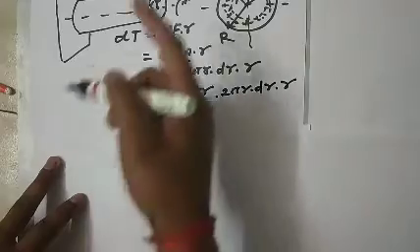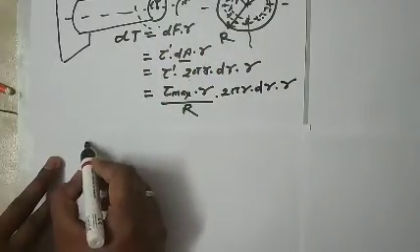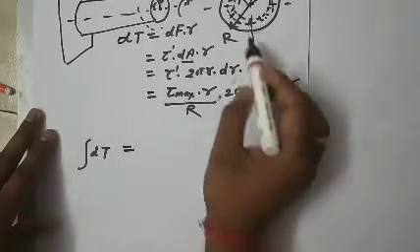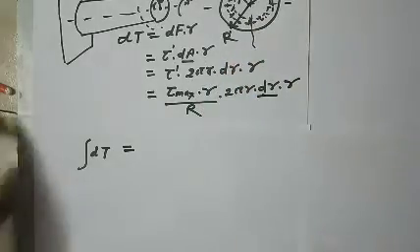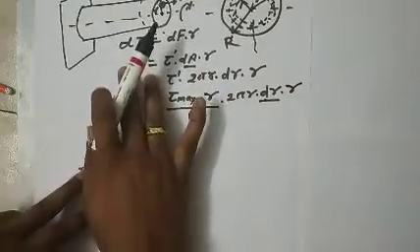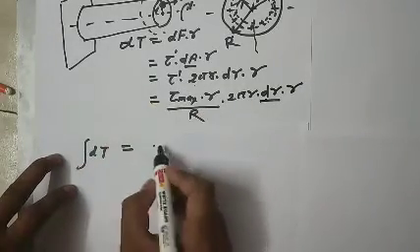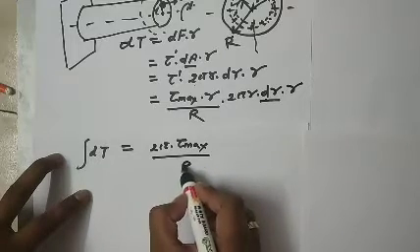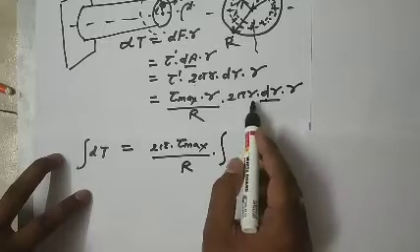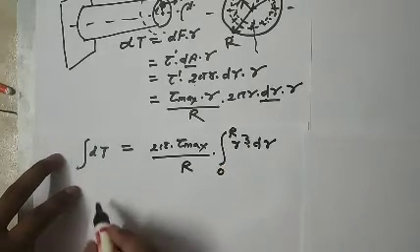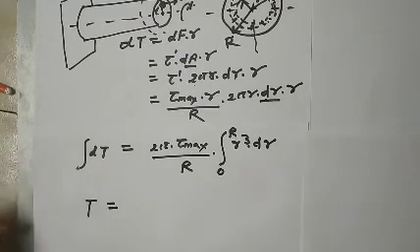To calculate the entire turning moment, the torque developed on the shaft, integrate this whole term for the radius, which varies from 0 to capital R. So dT will be 2 pi tau max upon capital R, which is constant, so take it out of the integration symbol, and here will be r cube into dr, with r varying from 0 to capital R. Now this integral of dT will be equal to T, the total torque, the total turning moment applied on the shaft.